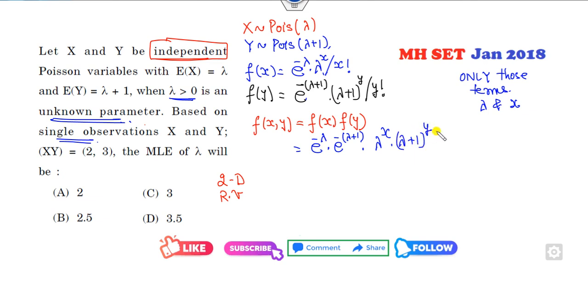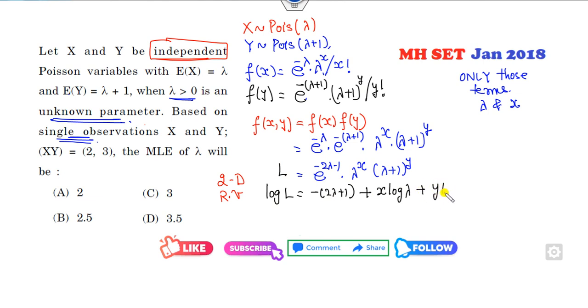Now your target is to find the log likelihood L. This value will be minus (2 lambda plus 1) plus x log lambda plus y log (lambda plus 1).